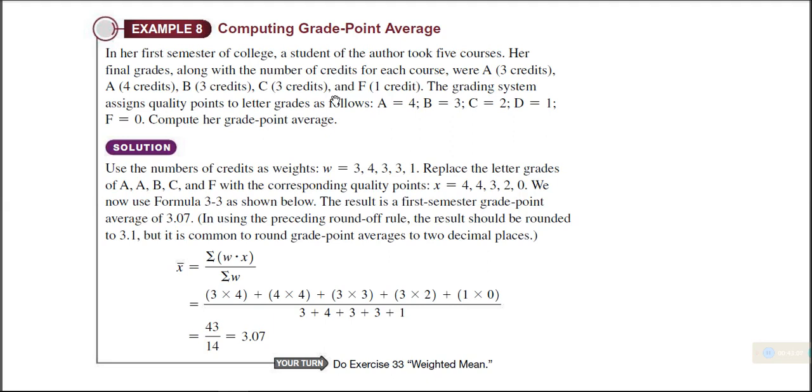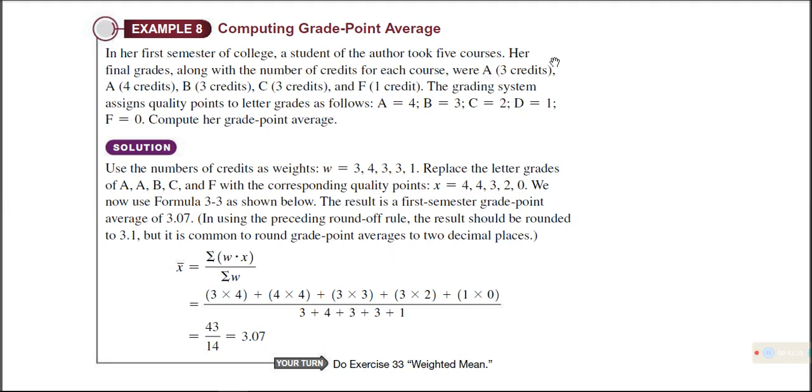Ang grading system natin dito ay hindi katulad ng grading system natin dito na 1, 1.1, 1.2, 1.3. Ang ibig sabihin sa kanila ng A ay 4. Ang ibig sabihin ng B ay 3. Ang ibig sabihin ng C ay 2. At ang ibig sabihin ng D ay 1. At ang F ay 0. Kawawa naman.